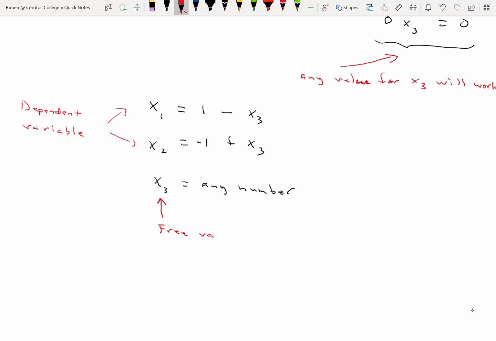Free variable. In Calc 3, we would call that the parameter. So free variable. The dependent variables are those variables that correspond to the leading ones in RREF.